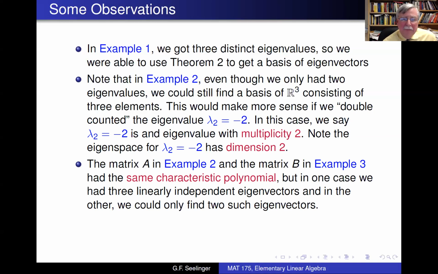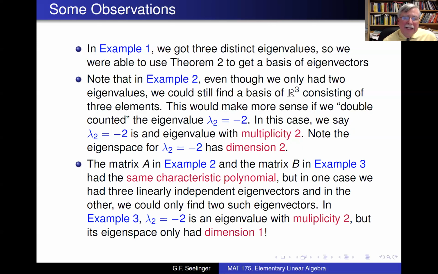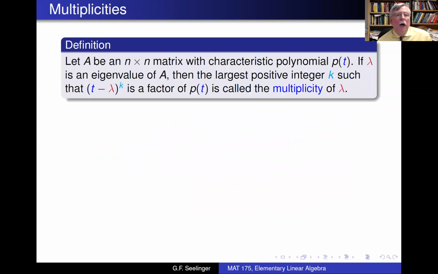In example 3, though, we show something else that can happen. We have the exact same characteristic polynomial as in example 2, but in example 2, we had 3 linearly independent eigenvectors, and in example 3, we could only find 2 such vectors. Because of the exact same characteristic polynomial, lambda 2 equals -2 is an eigenvalue with multiplicity 2, but the eigenspace only had dimension 1, because there's only one basis element there.